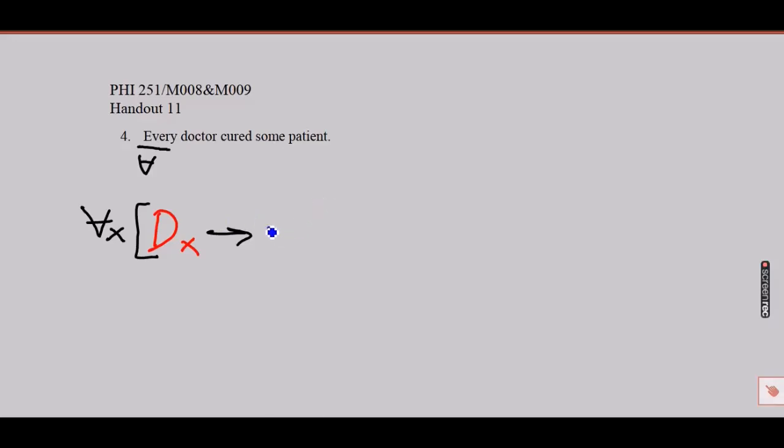So let me put it in English, x cued some patient. Okay, notice that the main predicate itself involves a quantifier, some. Okay, now we need to deal with this second statement, x cued some patient.